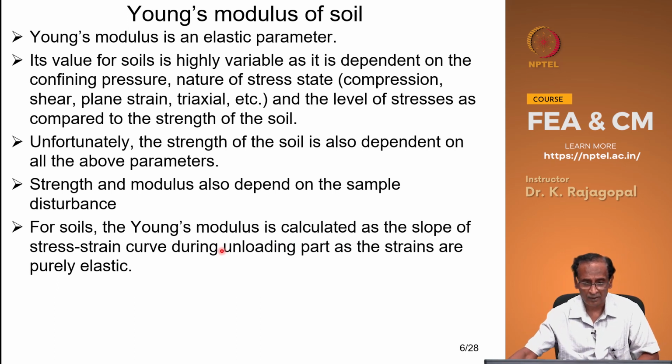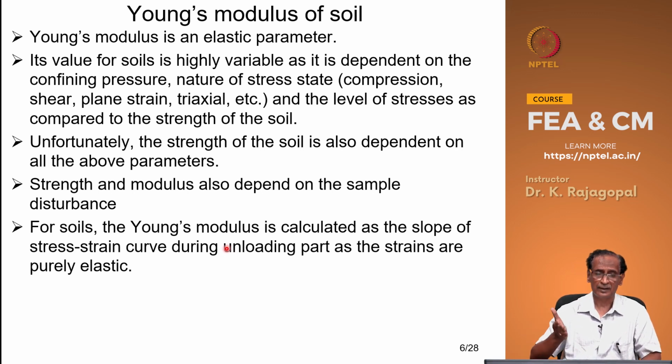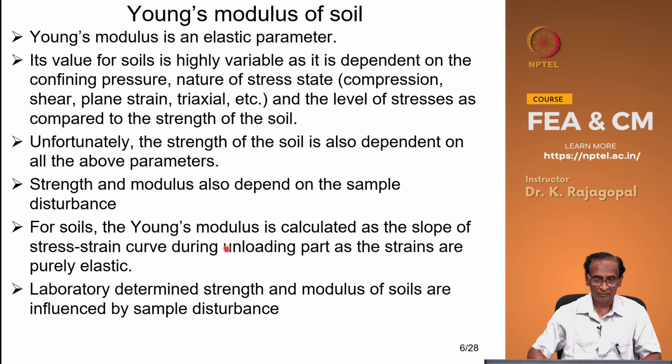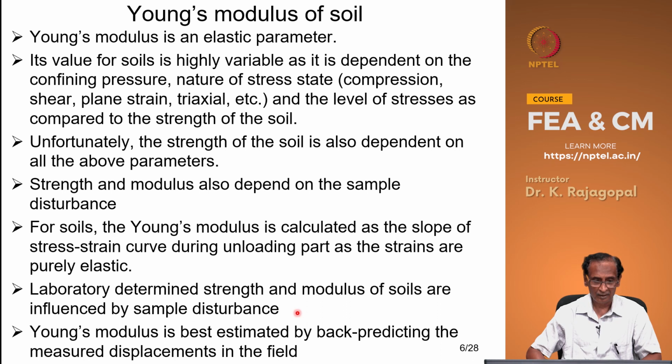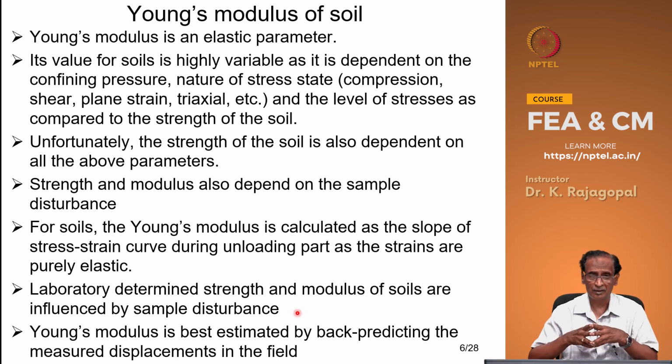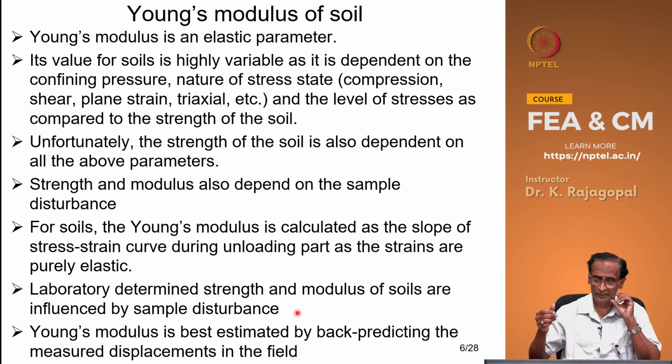So all our calculations depend only on the unloading response. And so the laboratory determined strength and modulus parameters are dependent on the sample disturbance, and so the best estimate for the Young's modulus is by back predicting the field measured responses.